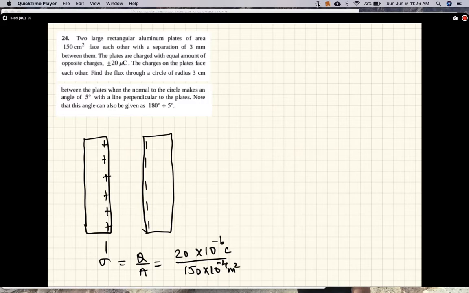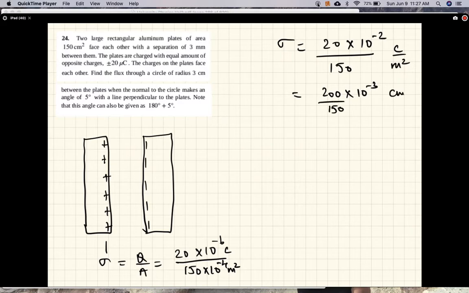So the surface charge density is 20 into 10 minus 2 divided by 150 coulombs per meter square. We'll convert this to 200 into 10 minus 3 over 150 coulombs per meter square, which is equal to 1.33 into 10 minus 3 coulombs per meter square. So that's the surface charge density.